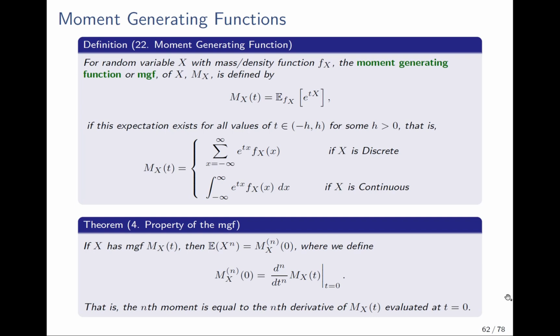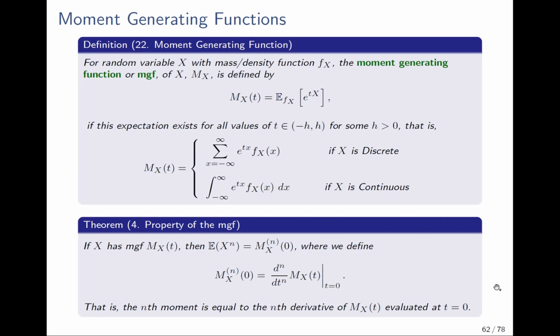Okay, and the final thing I want to cover in this part of the lecture, and this is mainly for reference, is the concept known as a moment generating function. Now, we know that we can characterize distributions by either a PMF, PDF, or a CDF.